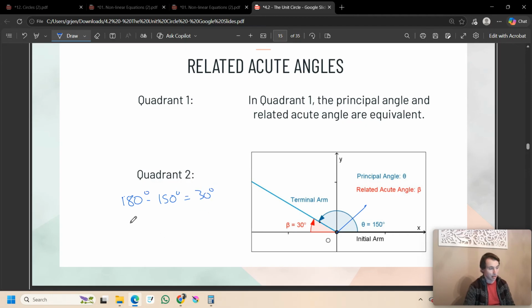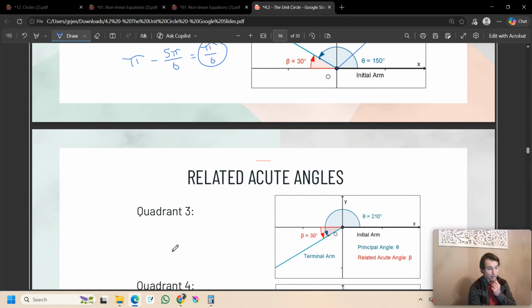Or you could say pi minus 5 pi on 6, and that would give us pi on 6 as the related acute angle.